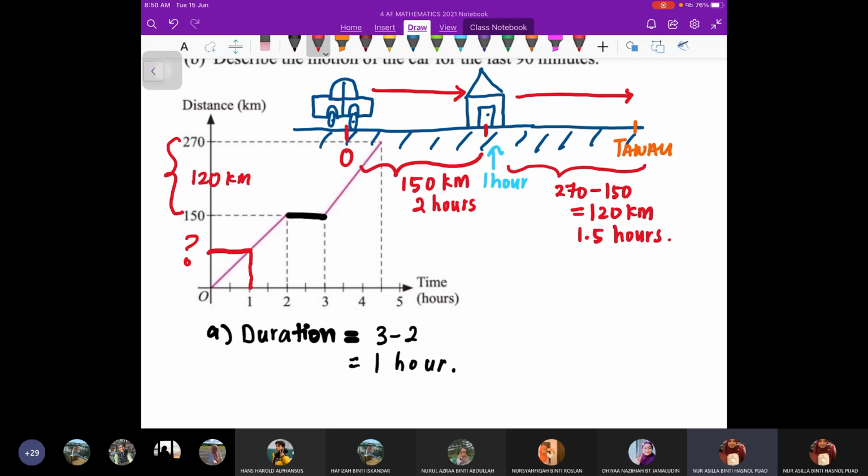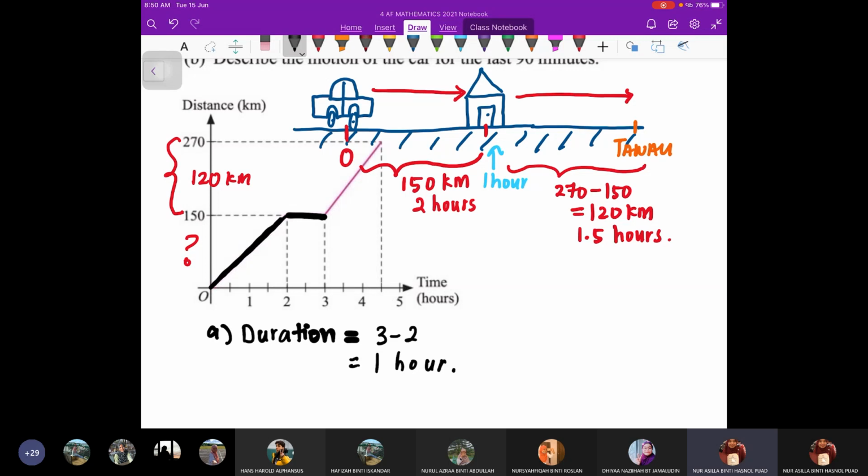But bukan. You have to always remember, bila kamu deal dengan gradient, as long as garisannya adalah garisan yang sama. Okay. Contoh kat sini. Dia adalah garisan yang sama. Jadi kamu boleh ambil apa-apa point di atas garisan itu, dia akan bagi gradient yang sama.